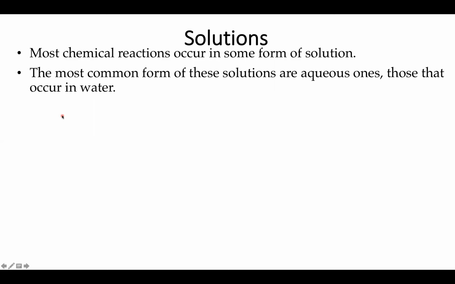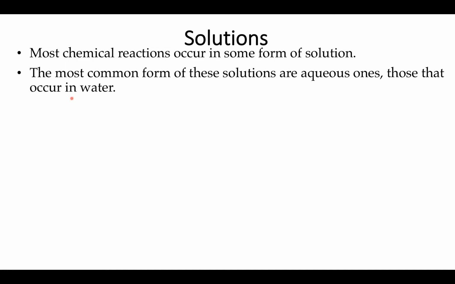And it is worth noting there is a big range of chemical solutions out there because you can be dissolved in any number of materials. But one of the biggest ones that you're going to encounter most commonly, and so we're going to talk about the most, are going to be aqueous solutions. So essentially where we have things dissolved in water.